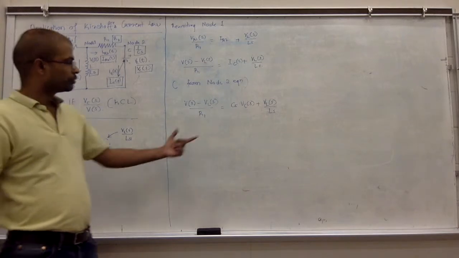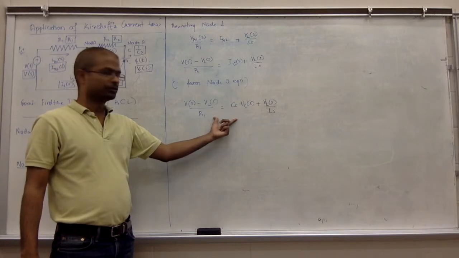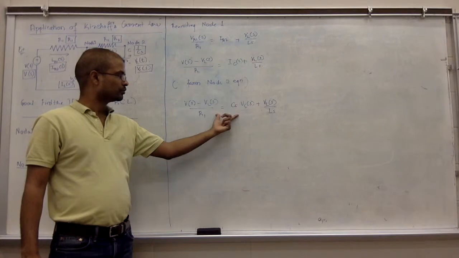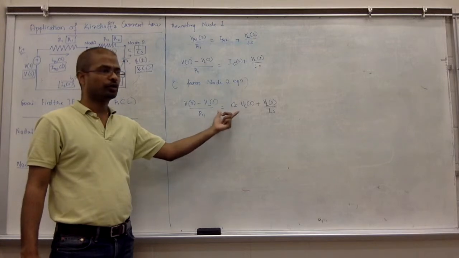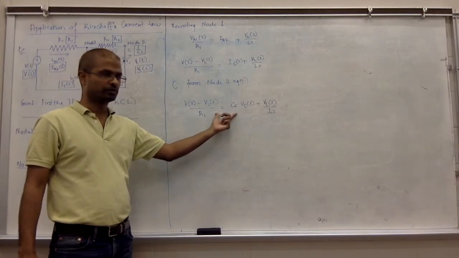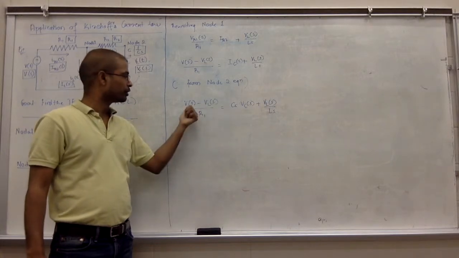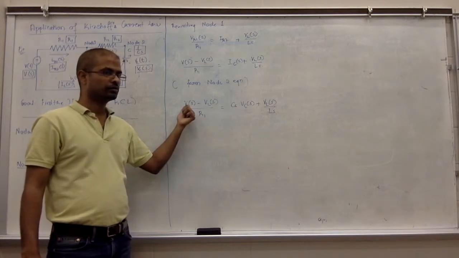Now look at it. What do you need to eliminate? Everything here is either a known quantity or input or output, except one quantity which is neither a known quantity nor an input nor an output. V of S is an input.